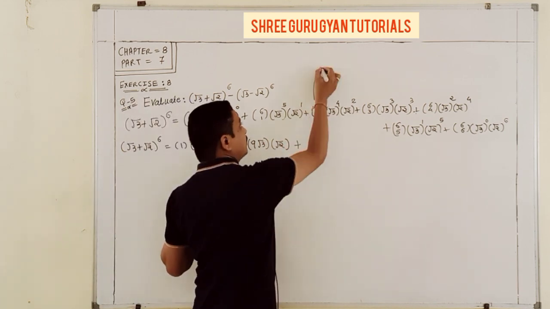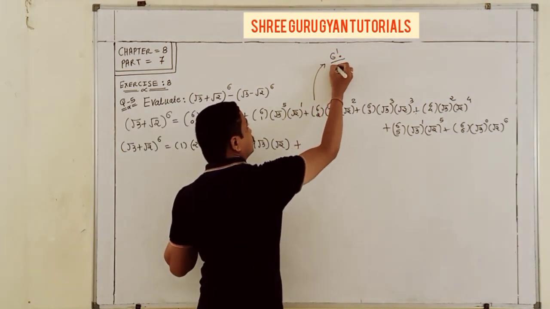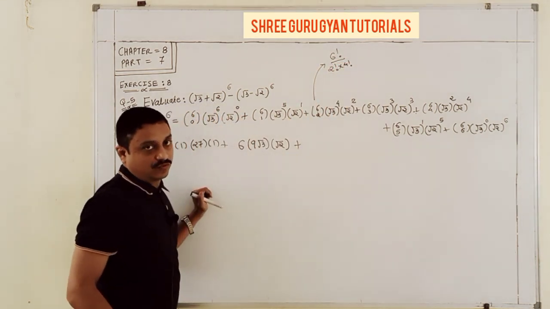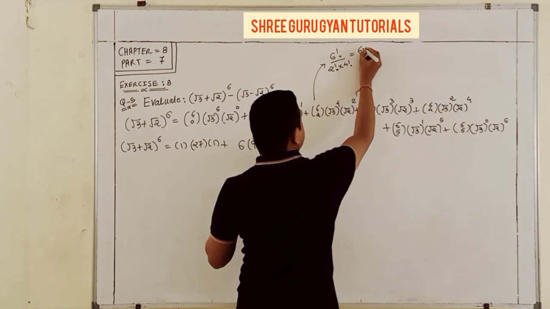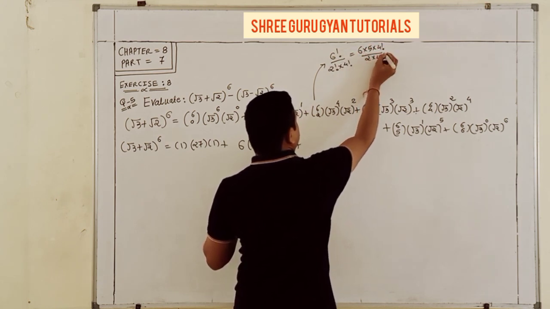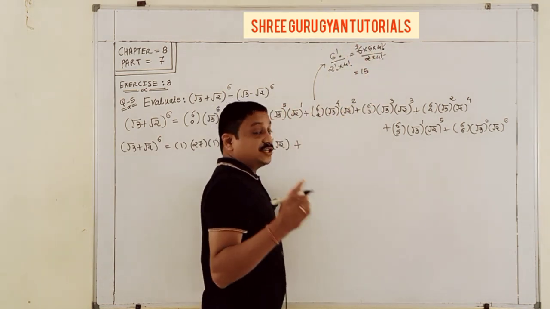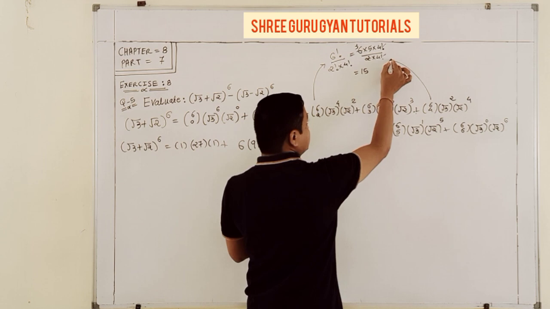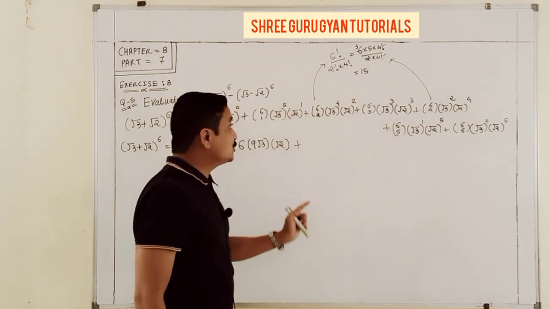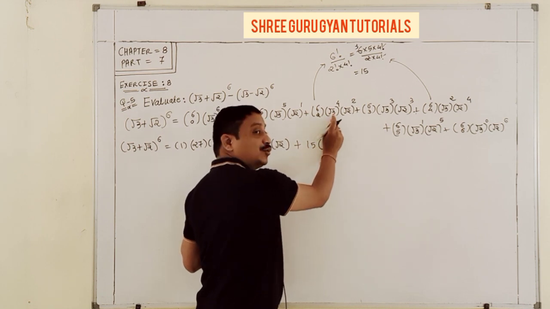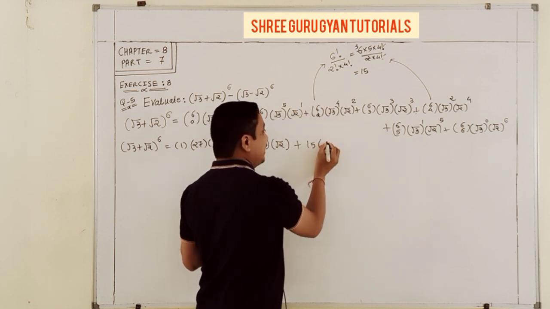6C2: I calculate here 6 factorial over 2 factorial and 4 factorial. So students, you have 6, 5, 4, stop. That cancels. It is 15. 6C4 also comes the same, that is also 15, so here I write down 15. √3 four times means 3 threes are 9.